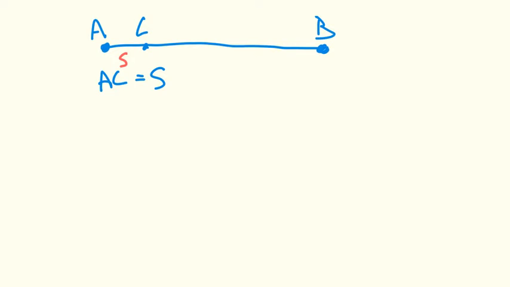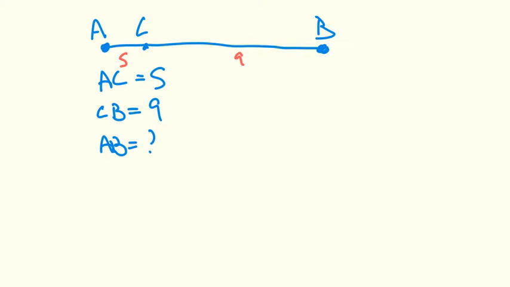And say we say that CB equals 9, and we'll put a 9 over here. And we were asked to find what is AB. AB equals question mark.